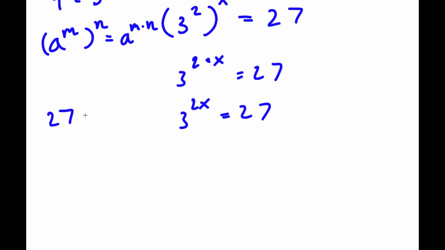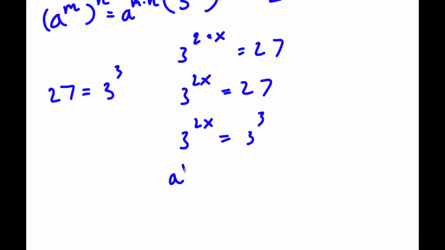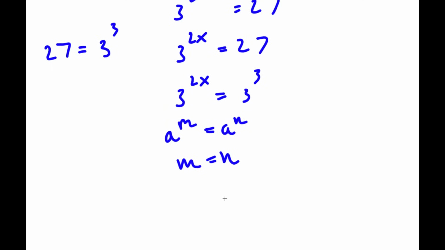Now 27 is the same thing as 3 to the power of 3. So I have 3 to the power of 2x is equal to 3 to the power of 3. And if I have a to the power of m is equal to a to the power of n, then this means that m is simply equal to n.